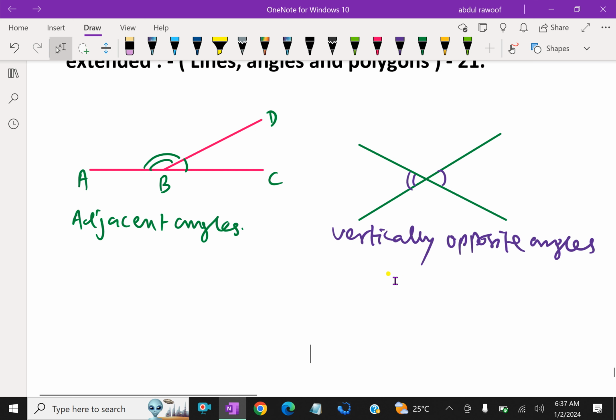Angles centered at a point. Look at here.